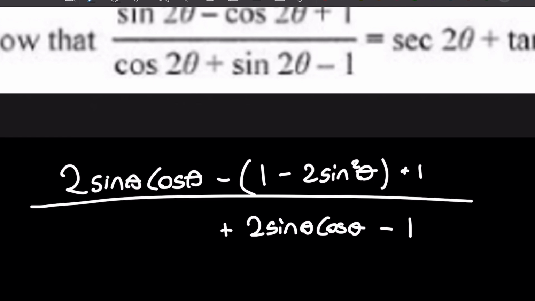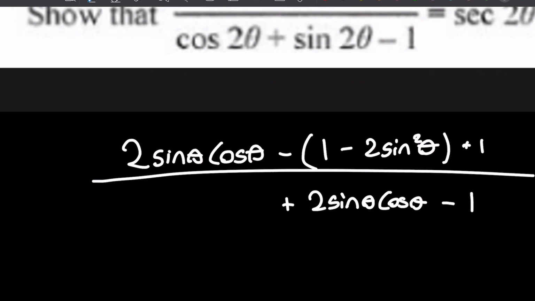Well, since it's the denominator, we could definitely factor out a cos theta here. We could use 2 cos squared theta minus 1. So 2 times cos squared theta minus 1. We'll sub that in for cos 2 theta.